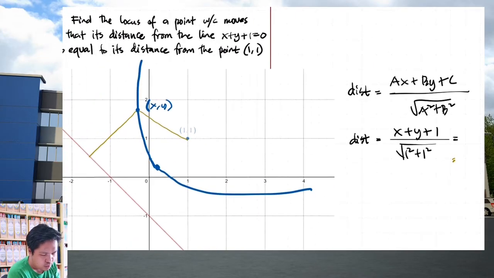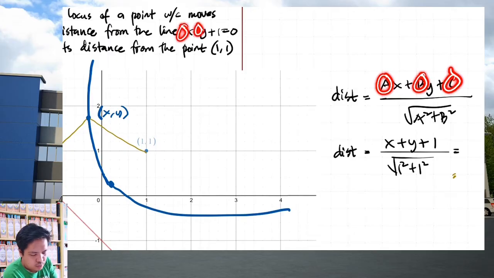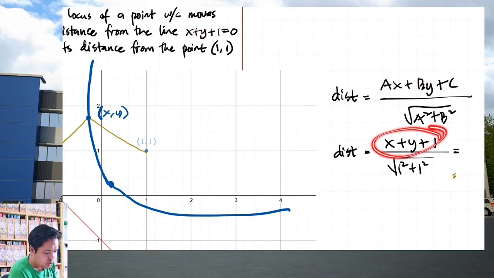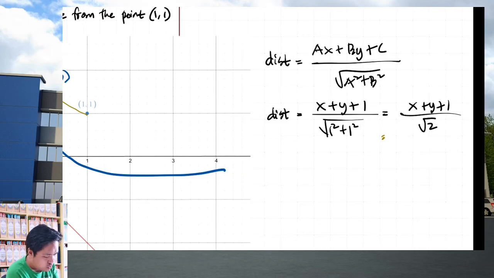Now, x and y are our unknowns, and the coefficients are 1, 1, and 1. So we'll still have this equation. The distance can now be rewritten as x plus y plus 1 over the square root of 2.